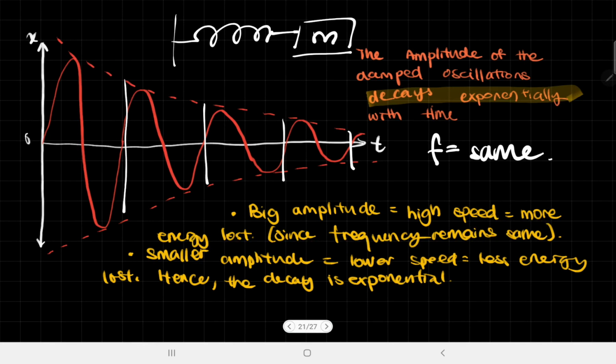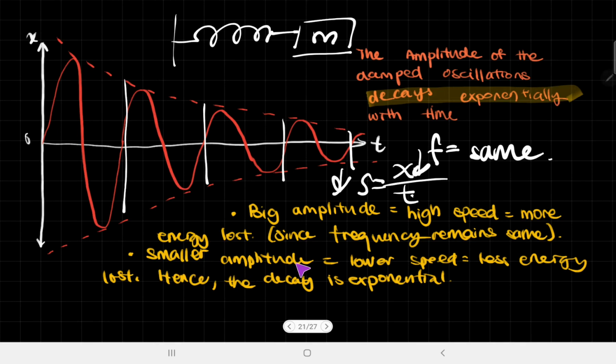However, when you go to a smaller amplitude, you have to cover a smaller distance in the same amount of time, and therefore the speed is going to be slower, because speed is distance traveled divided by time. Since the time is the same but the distance has gone down, the speed is also going to go down, and since the speed goes down, the friction is also going to go down, which finally leads to less energy lost.